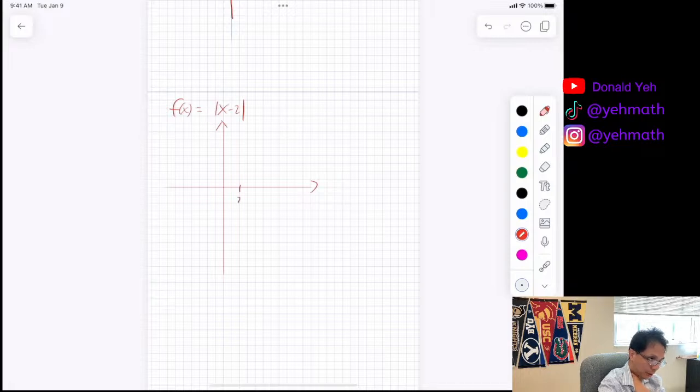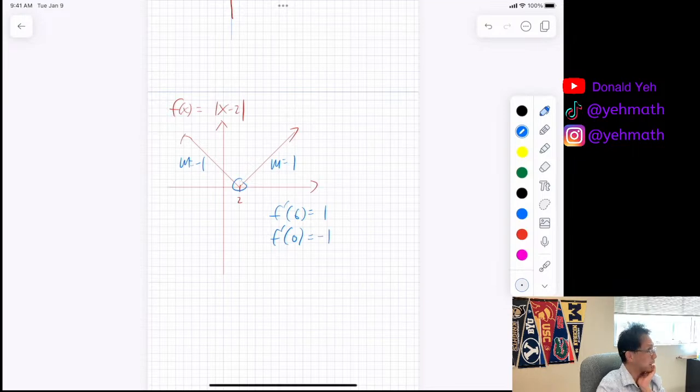Okay, so at 2 here there is a sharp turn. And you're absolutely right. But it's only not differentiable at this particular point. It is differentiable here. The slope is 1. The slope is -1. So I can say f prime of 6 is equal to 1 because the slope is positive. f prime of 0 is -1 because the slope is negative.